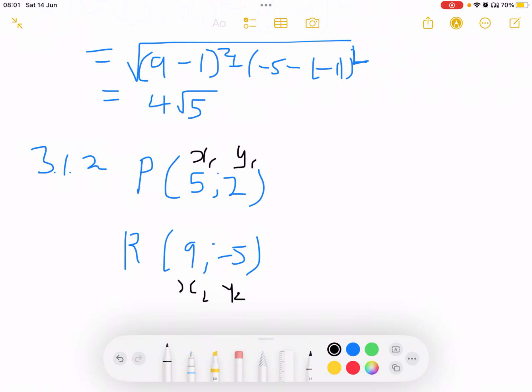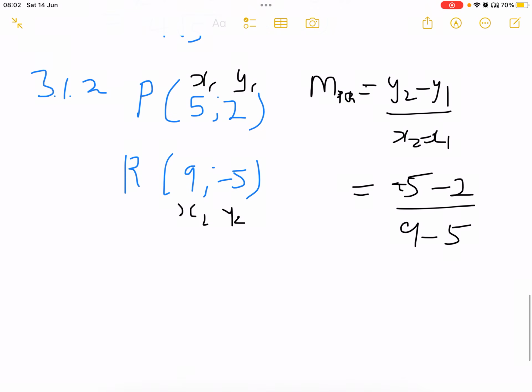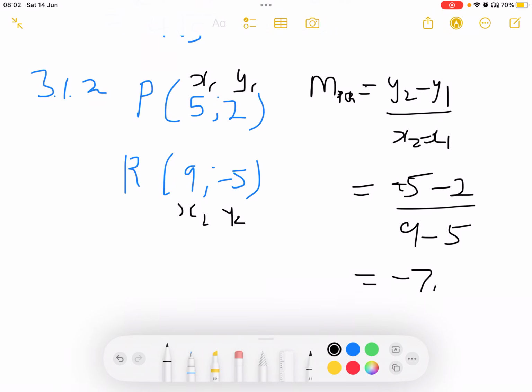The gradient of PR will be equal to y2 minus y1 over x2 minus x1. Substitution: negative 5 minus 2 over 9 minus 5. Punch that in a calculator, you're going to get negative 7 over 4.